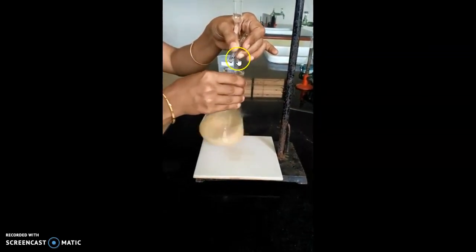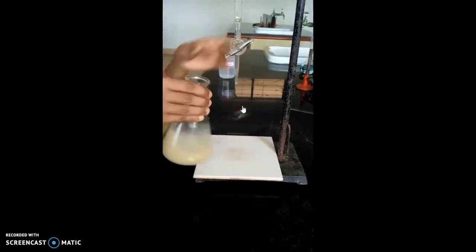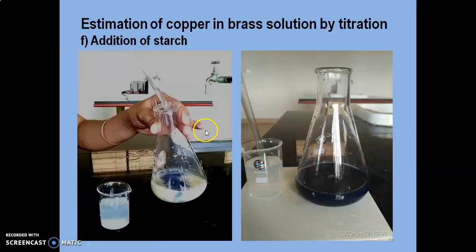So all the iodine will react with the hypo solution now, and to the pale yellow mixture we need to add the starch.